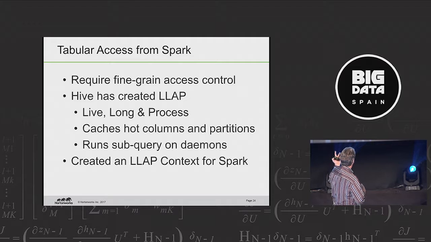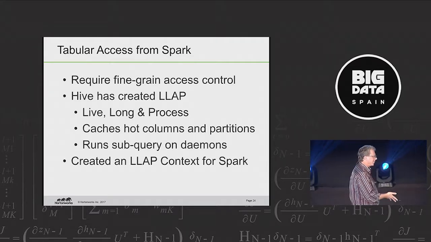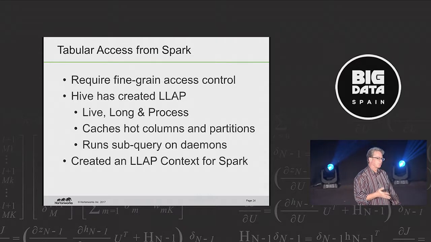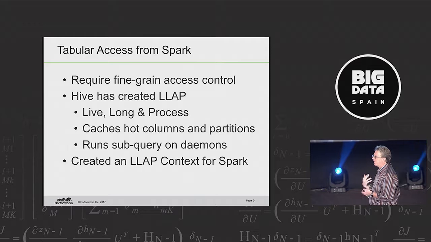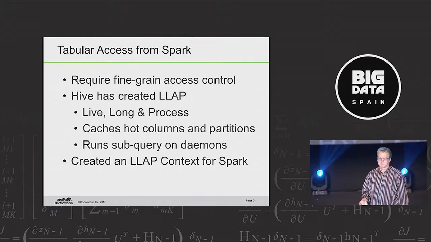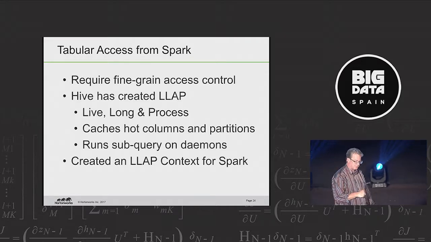And the main goal for LLAP was really to create sub-second responses from Hive, and in fact, it's worked really well for that, and we've gotten queries across tables with 6 billion rows coming back in less than a second.